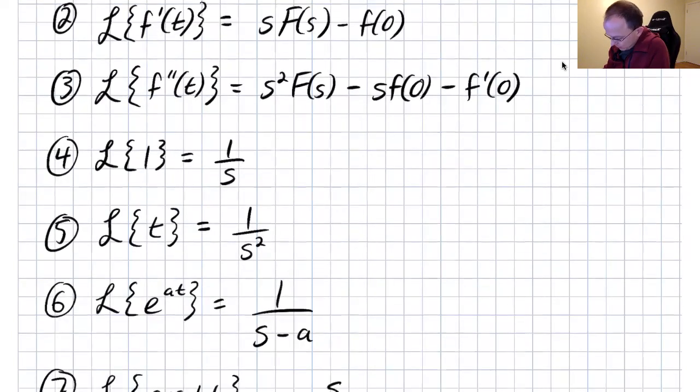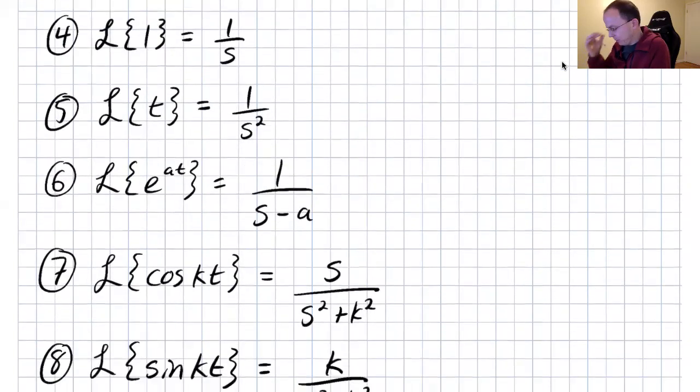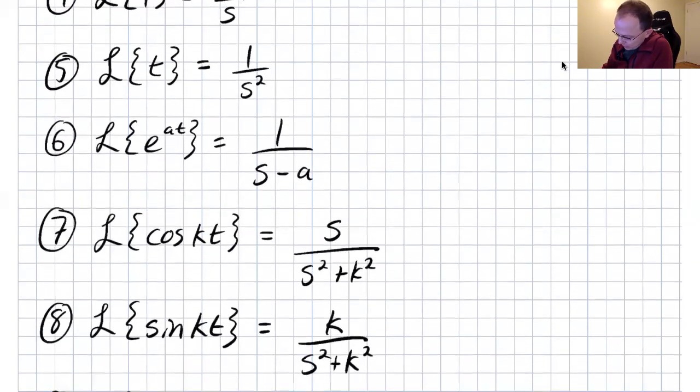Okay, what's the next function? Actually these two come together. These are the other very important functions in differential equations: sine of kt and cosine of kt. The cosine of kt is given by this term, and sine of kt is given by this.